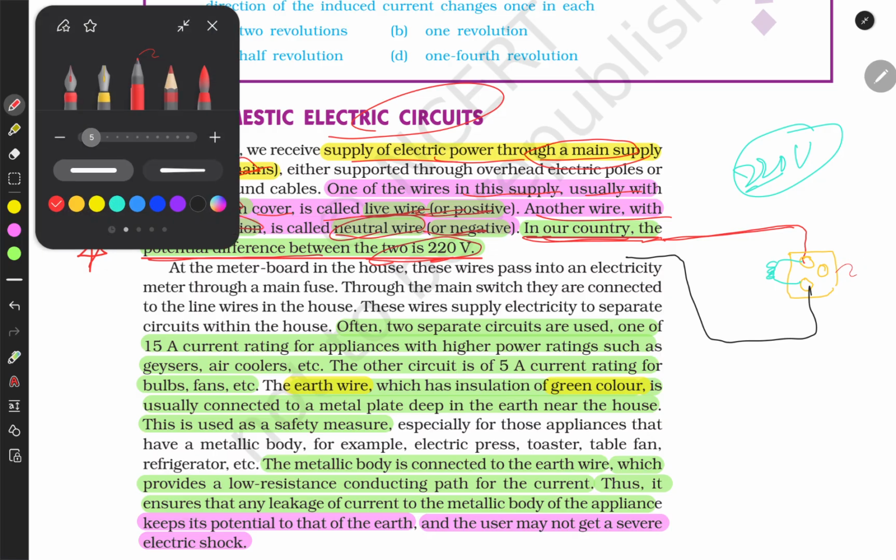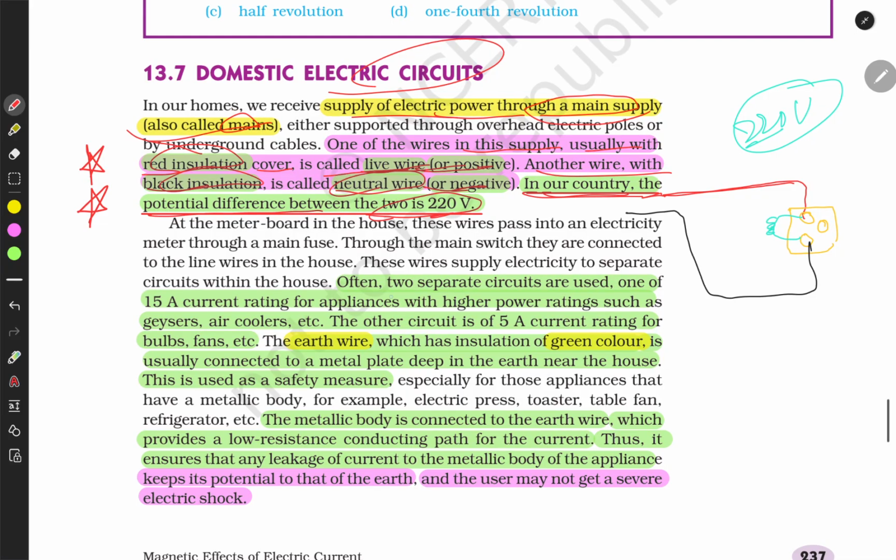We have one more socket, let's discuss it. Often two separate circuits are used, one with 15 ampere current rating for appliances with a higher power rating, such as geysers and air coolers, and another circuit of 5 ampere current rating for bulbs and fans.